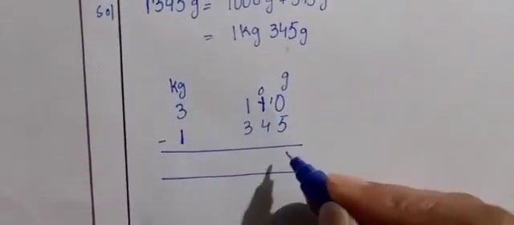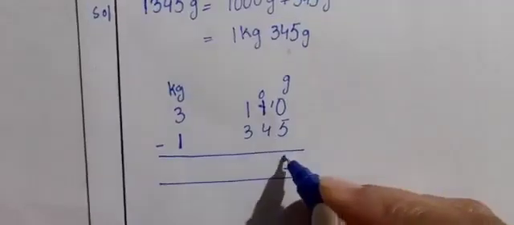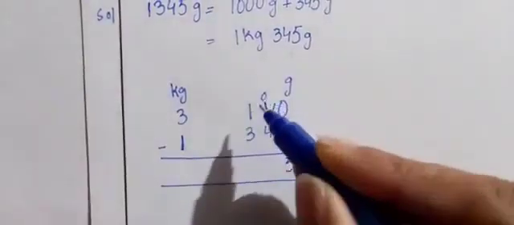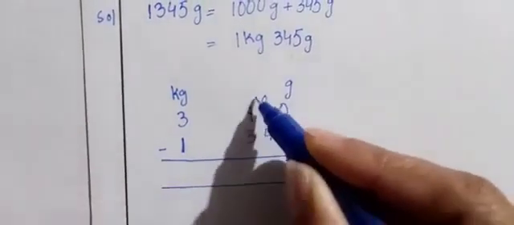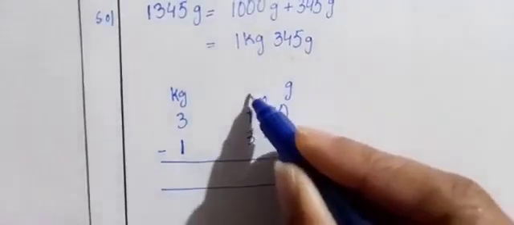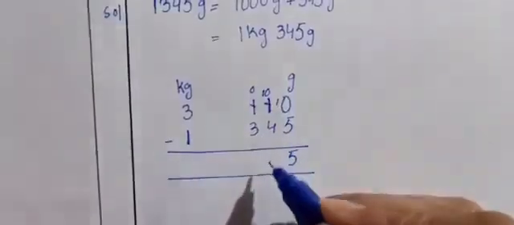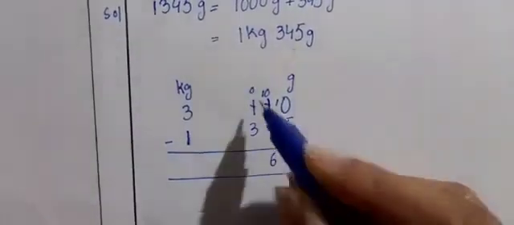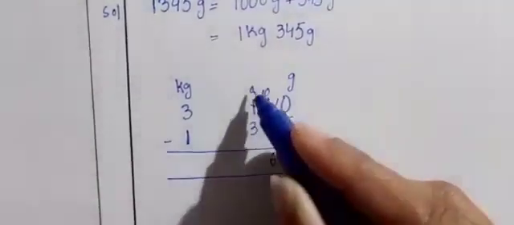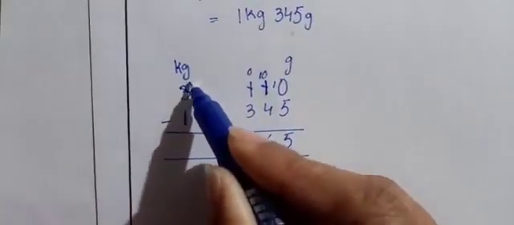10 minus 5 is 5. Can I subtract 4 from 0? No. So I will borrow from it. It will become 10 and now it is 0. 10 minus 4 is 6. Now boys, it is 0. Can I subtract 3 from 0? We cannot. So we will take from the neighbor one value.